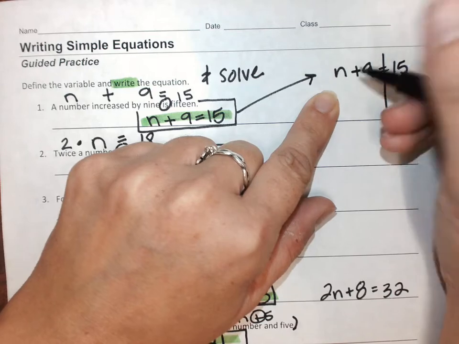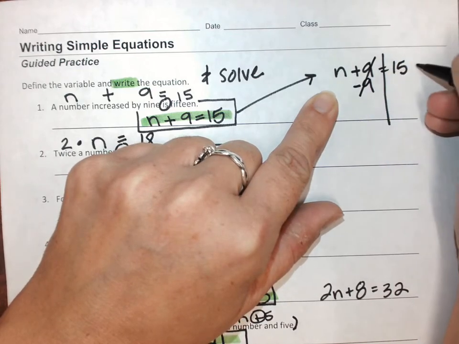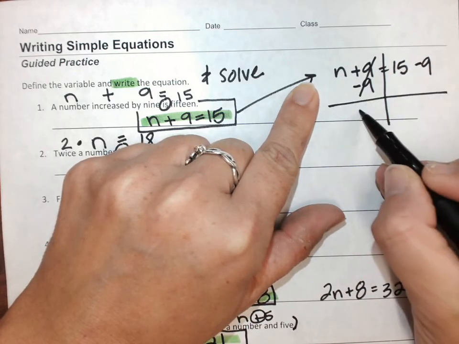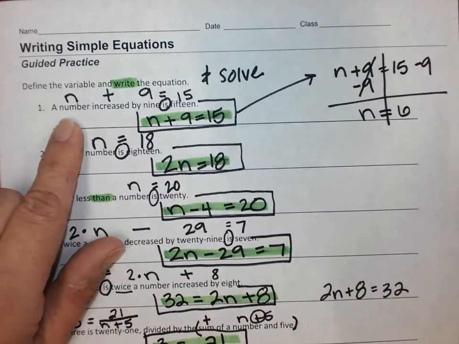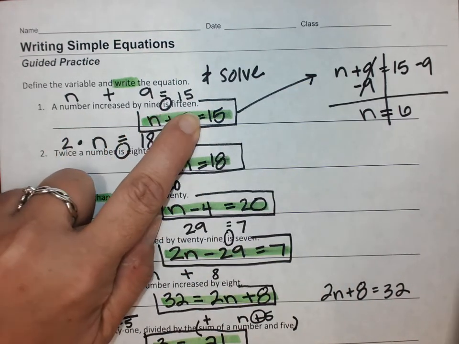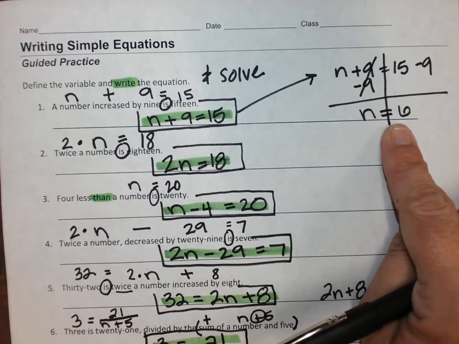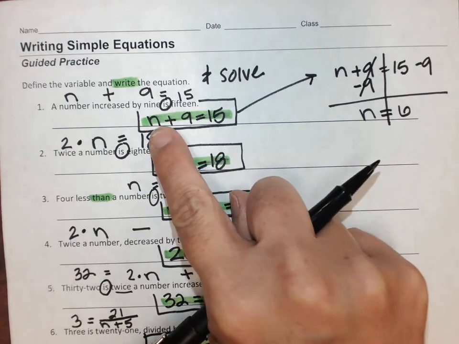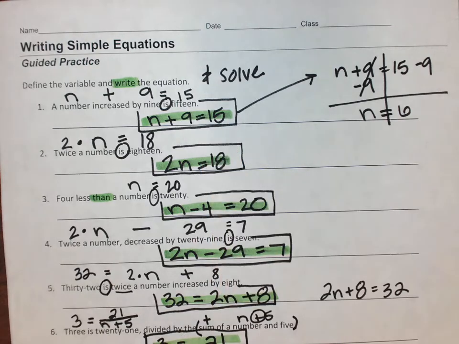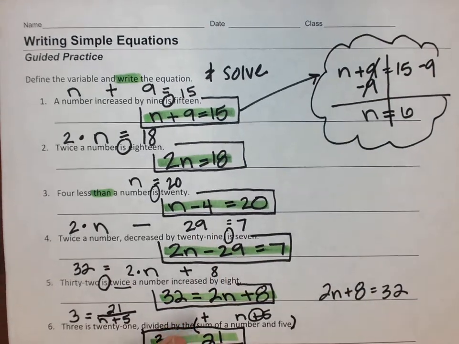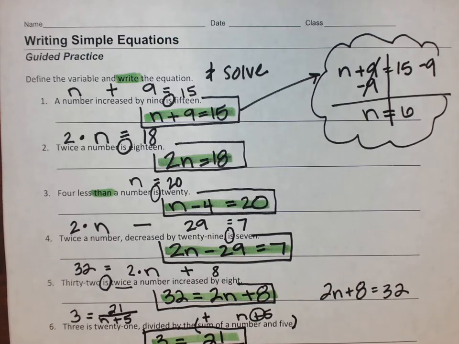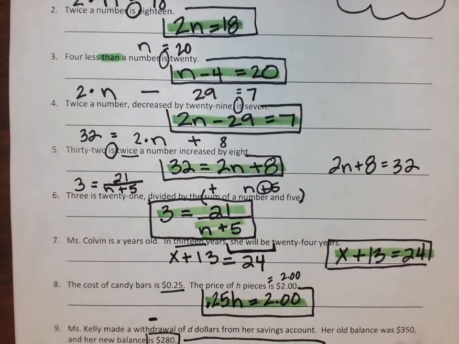I say, how do you do that? Inverse operation. n equals 6. So a number increased by 9 is 15. That number would be 6. And we can go say, hey, is 6 plus 9 15? Yes, it is. But now keep in mind, that's just me flashing back, okay, to last week. This was just about setting the equation up.